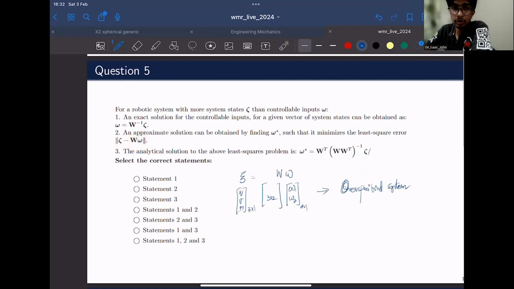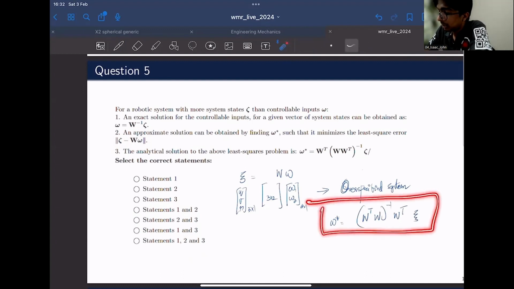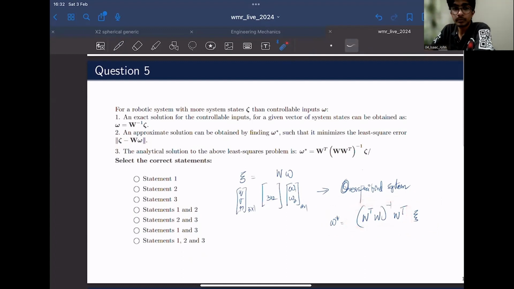And the approximate solution, omega star, you have to take the left pseudo inverse: W transpose W inverse W transpose zeta. So this is the approximate solution, and this term is the left pseudo inverse.